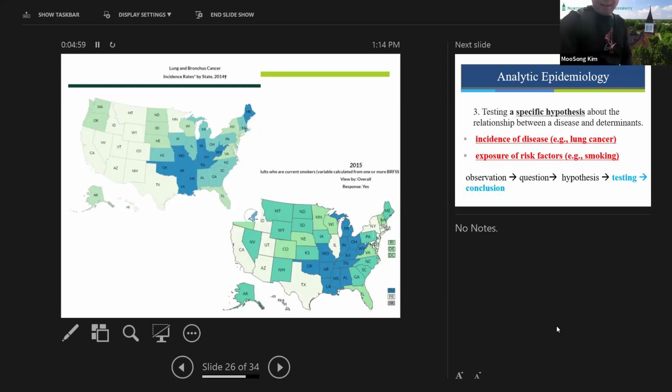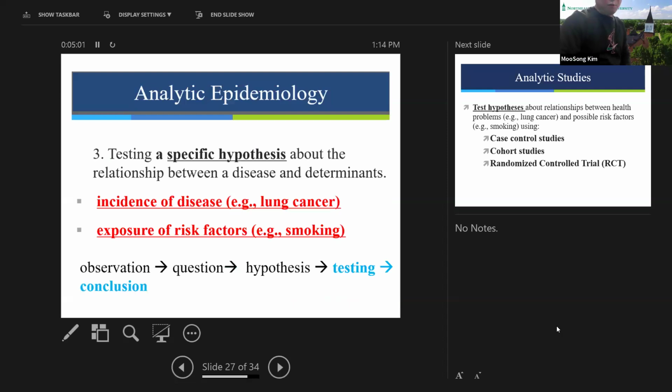Please keep this in mind. So the next step after observation, question, and setting up the hypothesis is to test and then conclude. I'm going to talk about some ways to test this hypothesis.